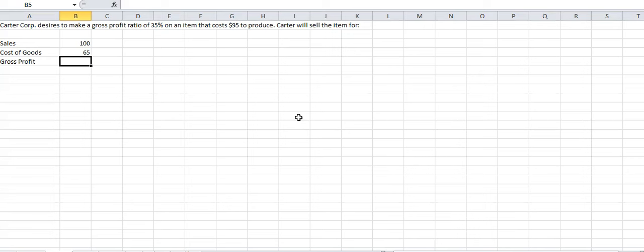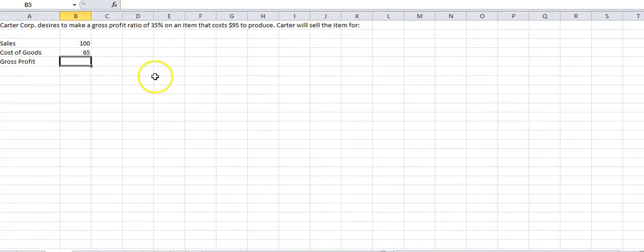Gross profit is 100 minus 65, right? $35 was your gross profit. Okay, and what's the gross profit as a percent of sales? Well, in this case, coincidentally, it happens to be 35%. Let's put that in percentage, right?